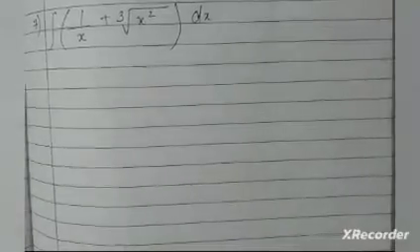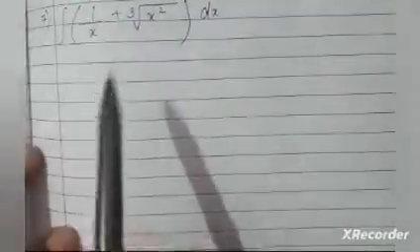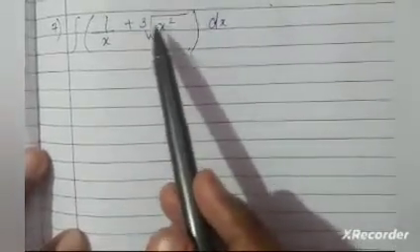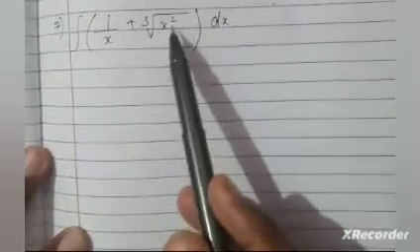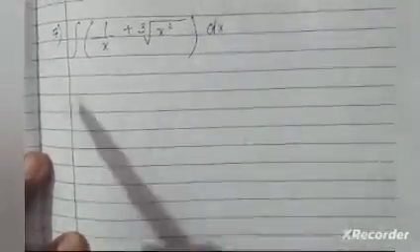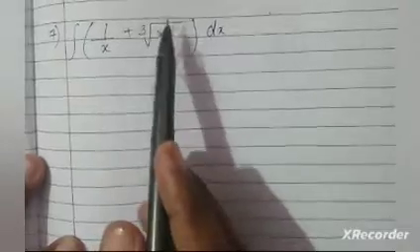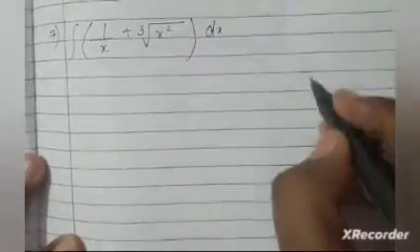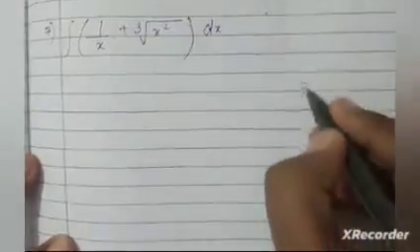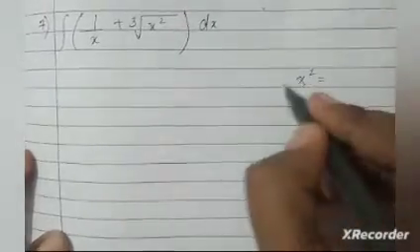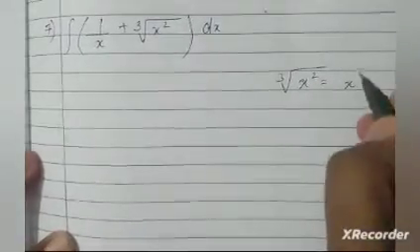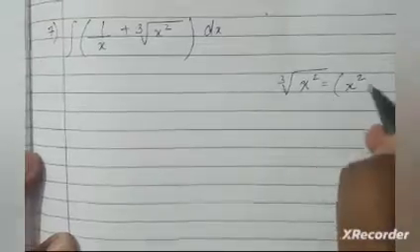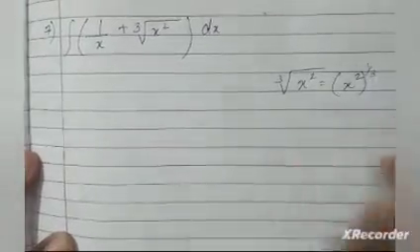So now example number 7, that is integration 1 by x plus cube root, which is cube root x square dx. Now we can write this cube root, we have inside x square, so we can write x square as power 1 by 3.